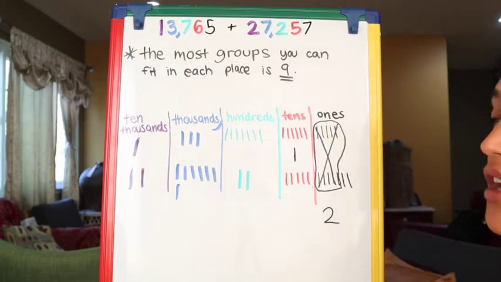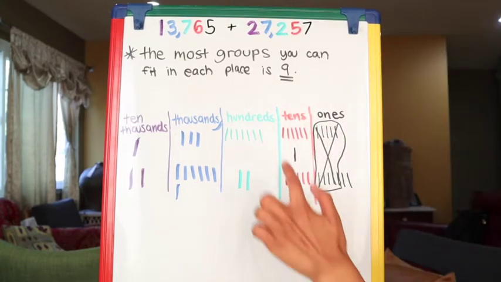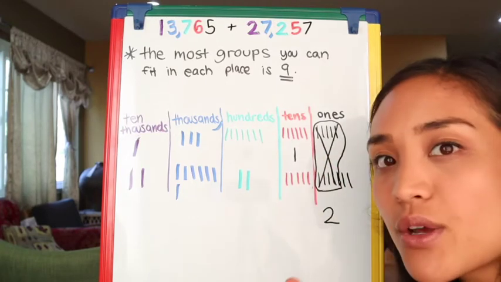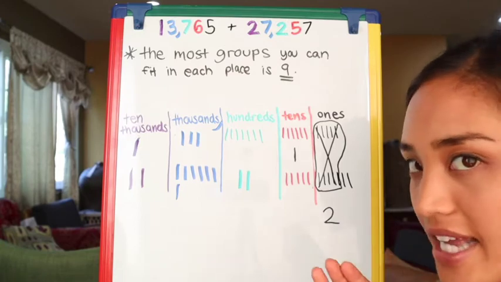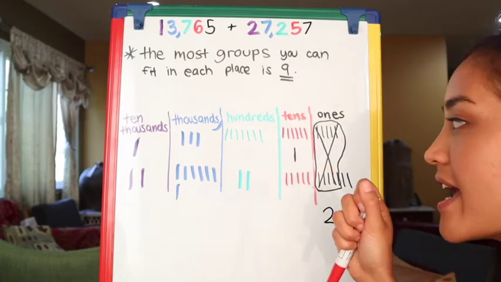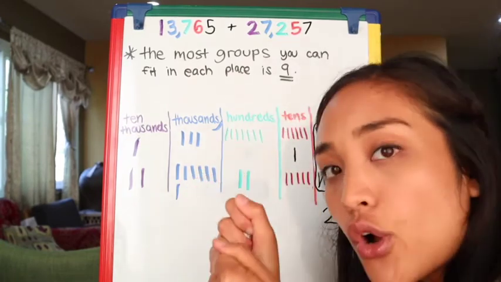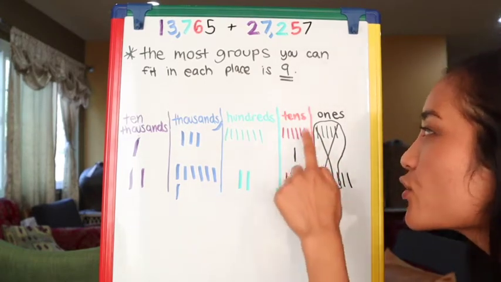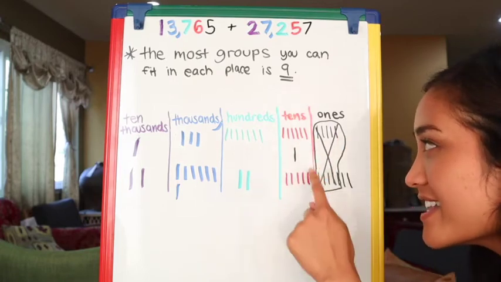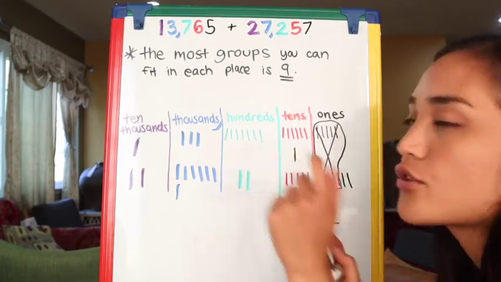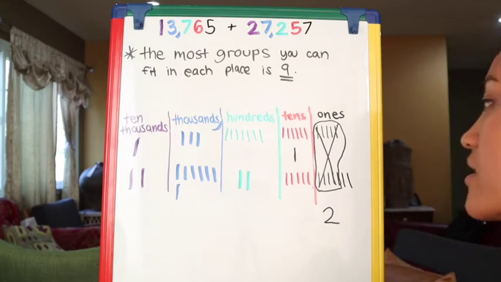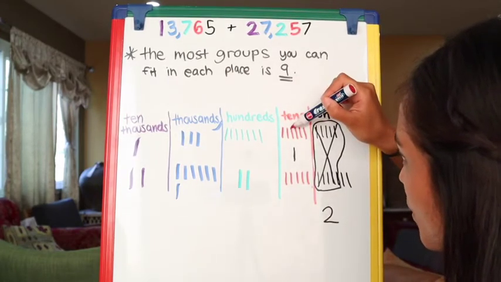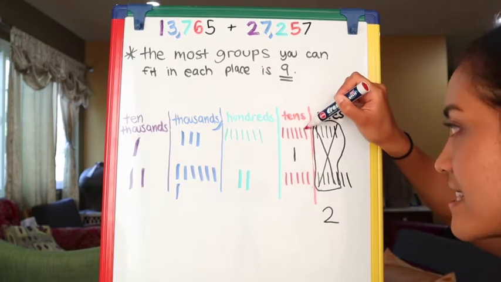Moving on to the tens place. Just like we did before, we're going to count up our groups. And when we reach that group of 10, once again, we're going to circle that group of 10 and move them on over to the hundreds place. And that's because 10 groups of 10s equals one group of hundreds. I'll show you how that looks. Let's count it up. 1, 2, 3, 4, 5, 6.